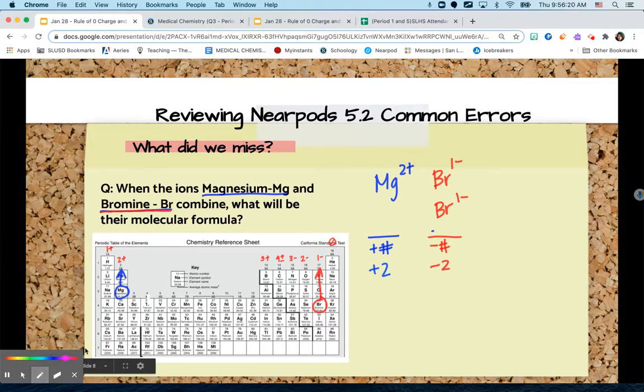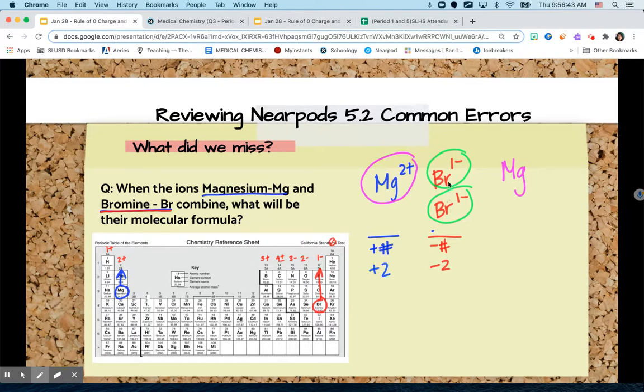My formula is going to be one of these Mgs. For Mg, I don't need to write 1 on the bottom right because it's kind of redundant. And let's do green for the other one. How many Brs did I use to make the charges equalize or add up to 0? Well, I used 2 Brs, so I'm going to write Br2.